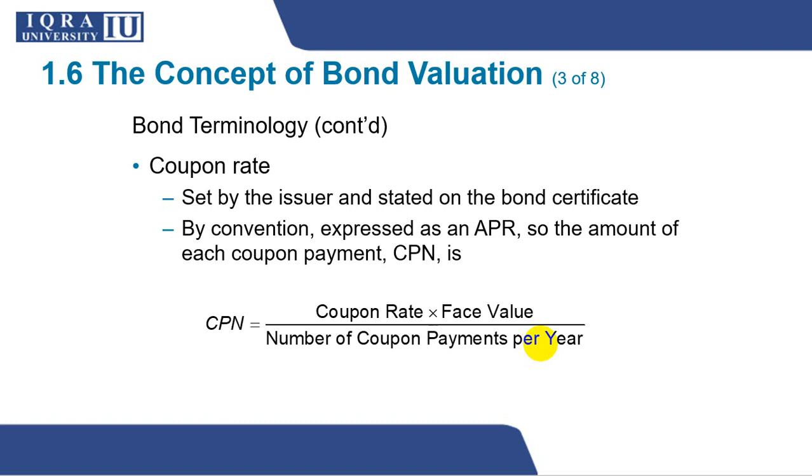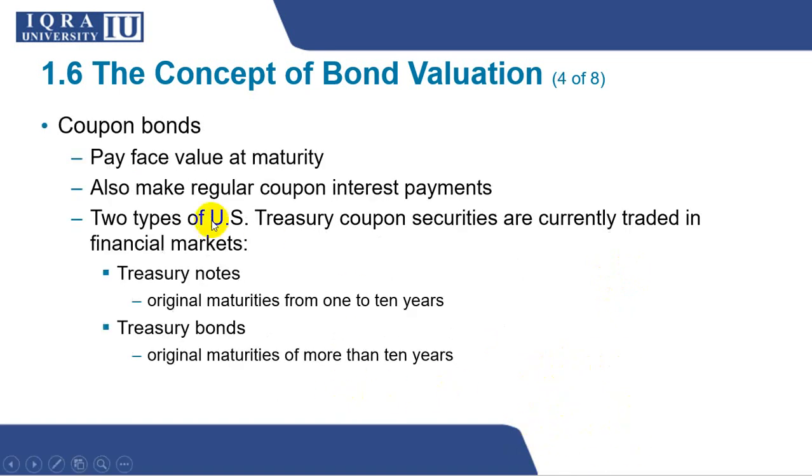Coupon bonds pay face value at maturity, as we have already gone through, and also make regular coupon interest payments. The coupon rate is basically the interest you are paying for raising that money.